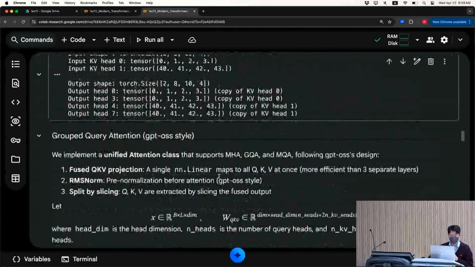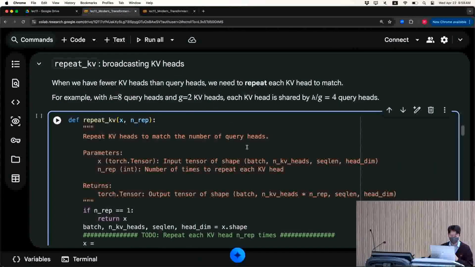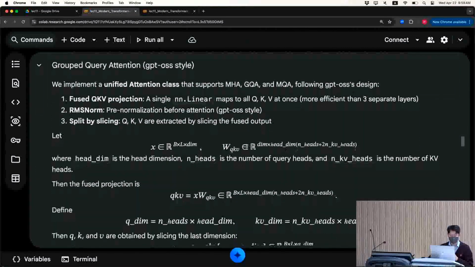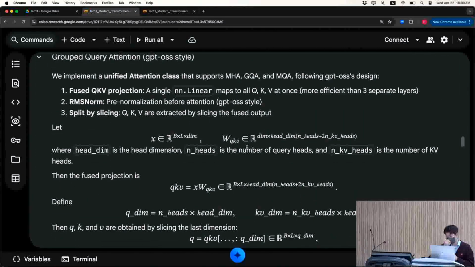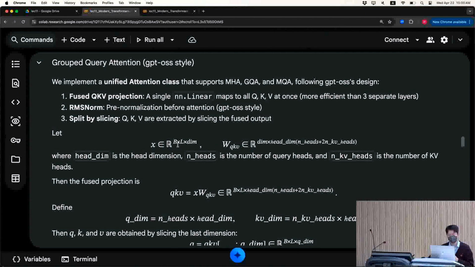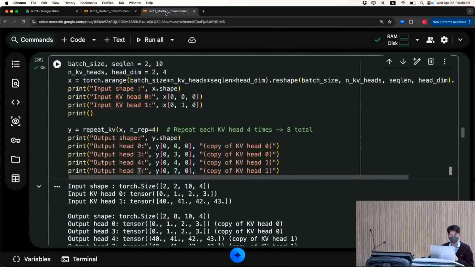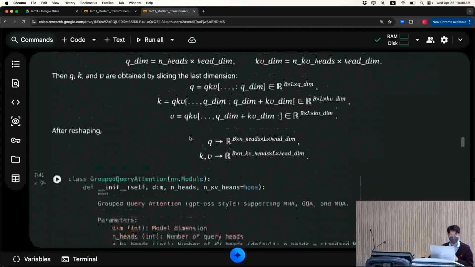I already explained the basic idea in grouped query attention. You want to save on the KV cache size by sharing the KV caches for multiple queries. And as I mentioned, we're going to use a fused KV cache projection.